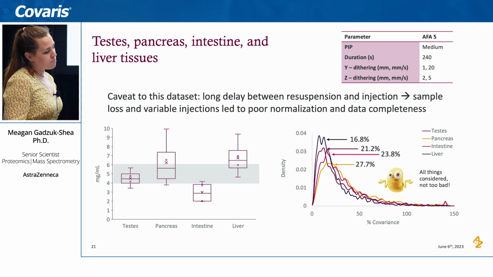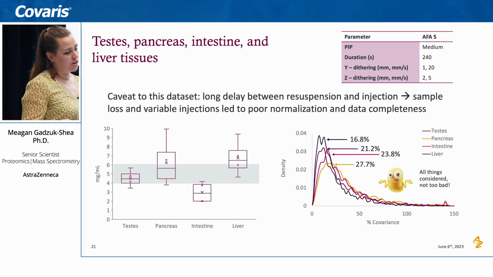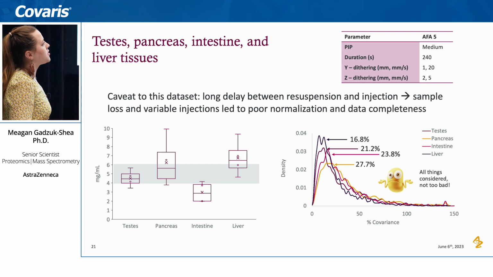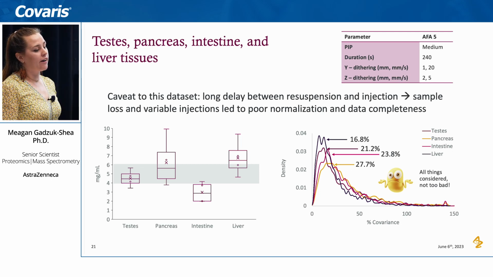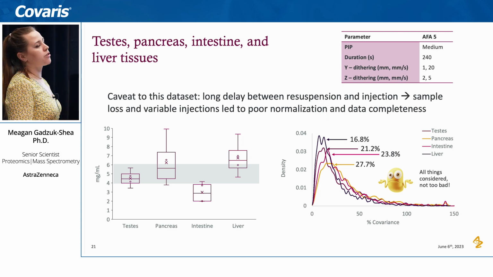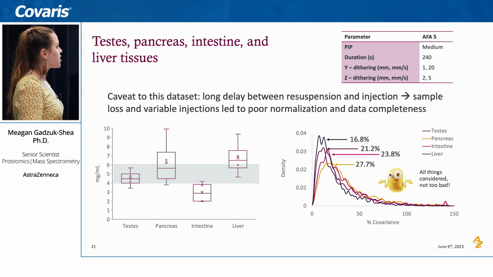Slight caveat about this prep, this is one I did, and there's a lot of scientists in AZ, so sometimes it's hard to get in the queue. So these samples actually sat for quite a while. They kept getting pushed back in the queue, and so there was some evaporation, which is going to increase the variability, unfortunately.